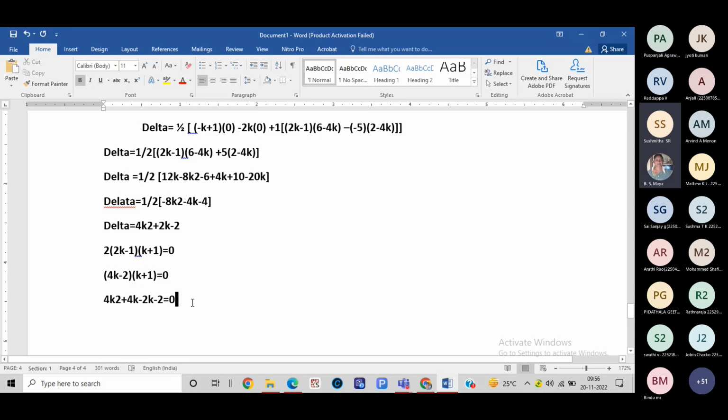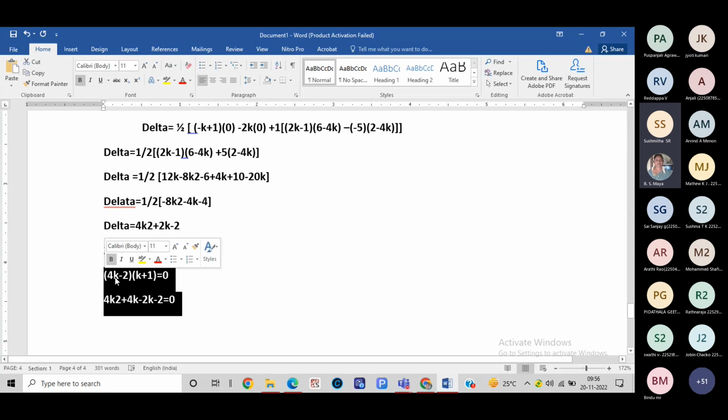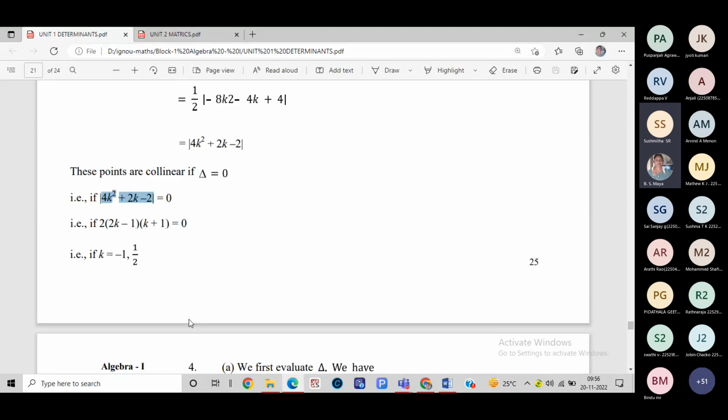Instead of writing the same steps, I can also write it this way to find the solution. This is equal to 2k minus 1 times k plus 1 equal to 0. So 2k minus 1 is equal to 0 and k plus 1 is equal to 0. From k plus 1 equal to 0, k is equal to minus 1.